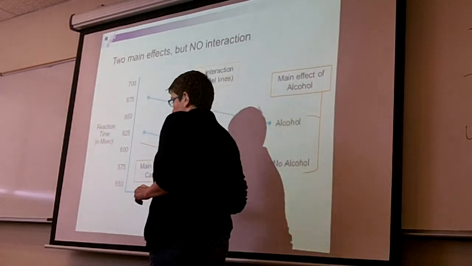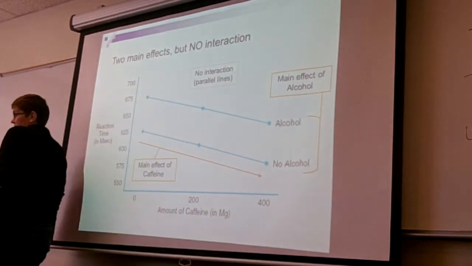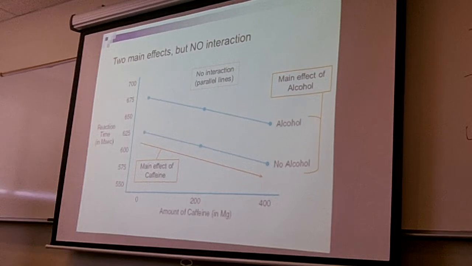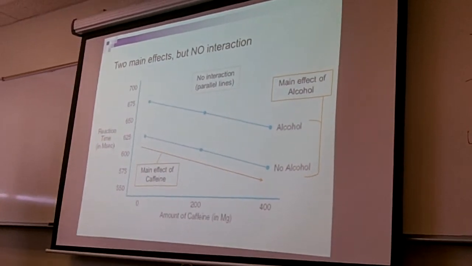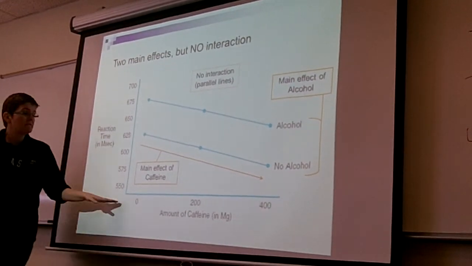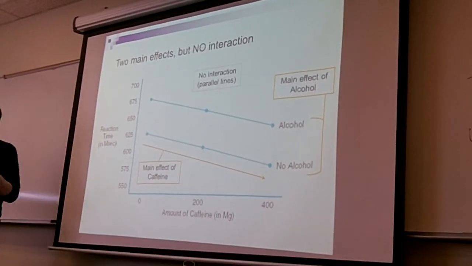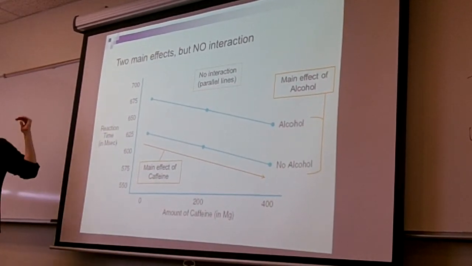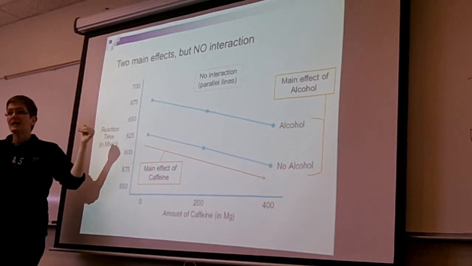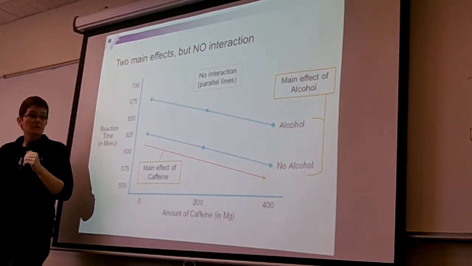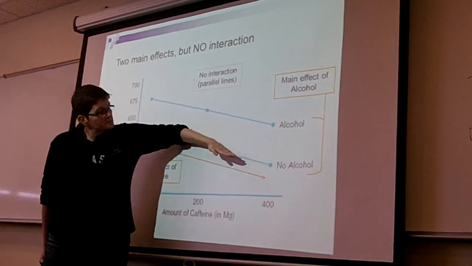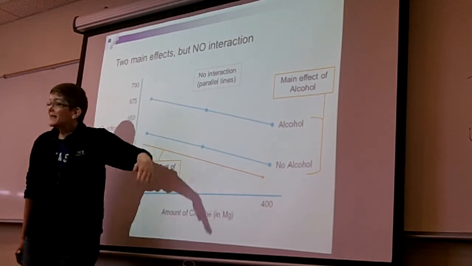So here we'll just start off. Say you're looking at a line graph. If you want to know whether there's a main effect of the variable on the x-axis, what you want to look for is the slope of the lines. So look at these lines. They're not flat.